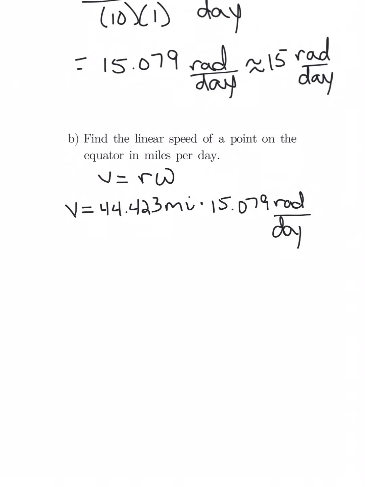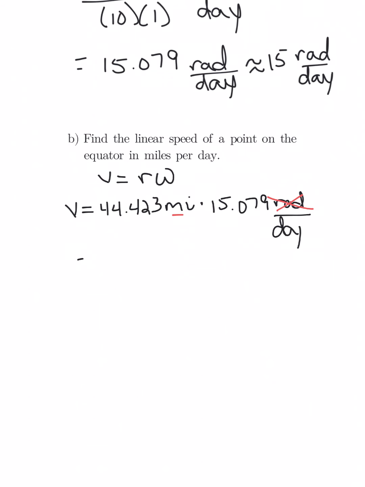They were kind to us on this problem. Remember what I said: as soon as you take a unit of length times radians, radians falls out. And if you look at the labels that we are going to have, we have miles, we have day, so we don't have to do any conversion.